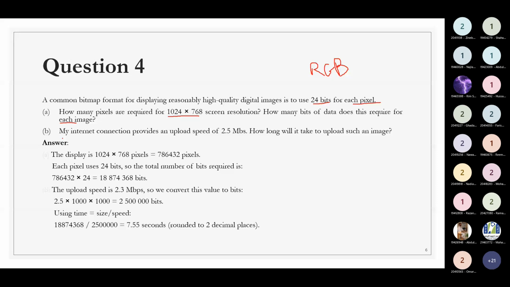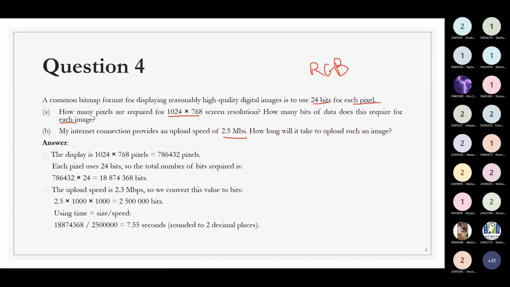So first, we will calculate the size of this image, and after that we will convert to the same units and use the time formula, or the speed formula. So let's start. How many pixels are required here?